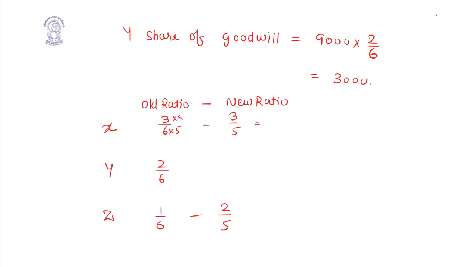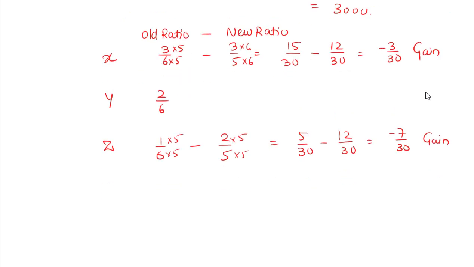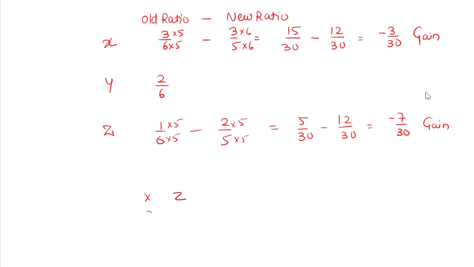For X, 15 upon 30 minus 12 upon 30 is 3 upon 30, a gain. For Z, 5 upon 30 minus 12 upon 30 is minus 7 upon 30, so it is a gain. This means X and Z gaining ratio is 3 is to 7.